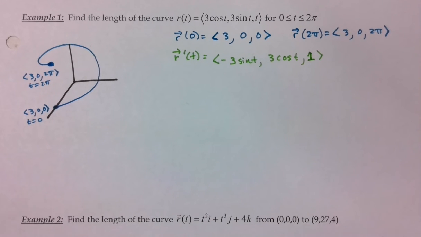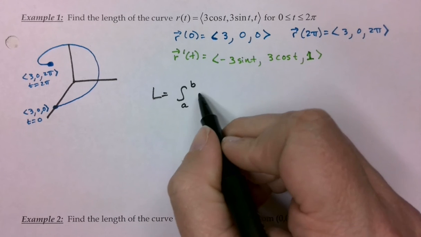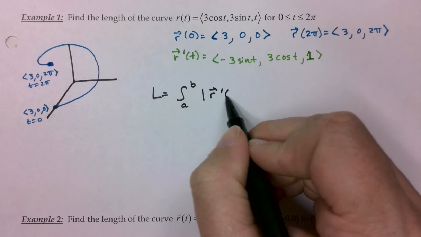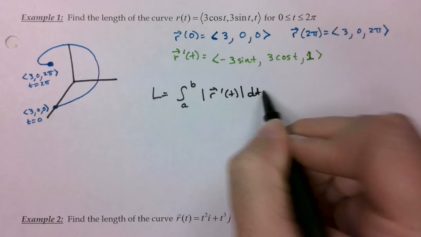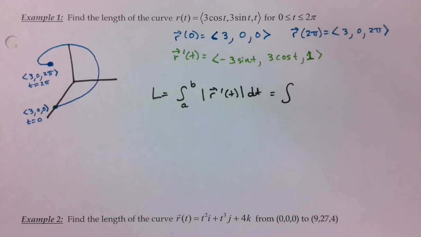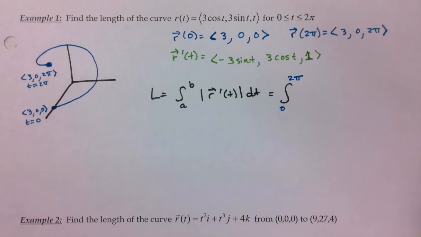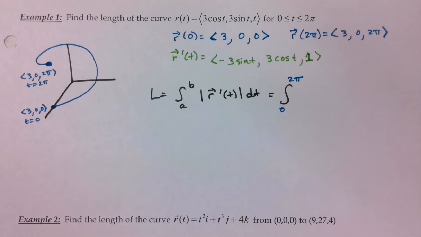Okay, so now let's look at the arc length formula. The arc length formula is the integral from a to b of the magnitude of r prime of t dt, which would be equal to the integral from, well, your t values are 0 and 2 pi, and then we're going to take the magnitude.